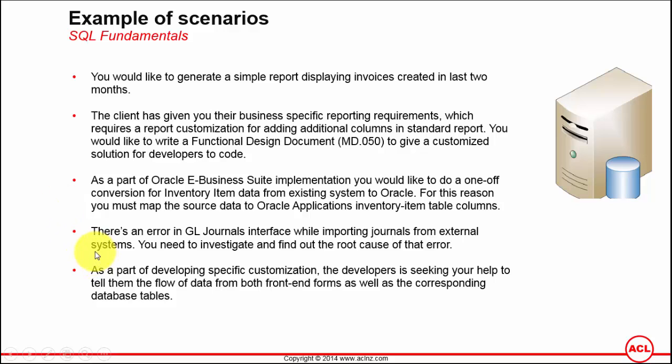The fourth example is that there is an error in the General Ledger journals interface while importing journals from external systems. As a functional consultant, your job is to investigate and find out the root cause of that error. The first thing you will do is go to SQL Developer and go to the GL journals interface tables to query the records that resulted in error and find the error description reported by the GL interface.